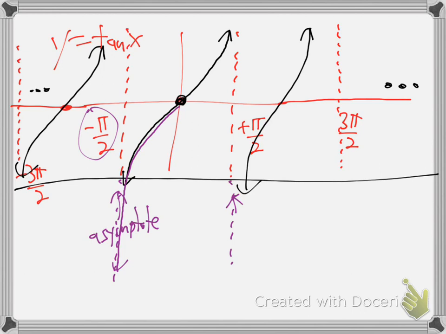And we like to focus on just one cycle for all these graphs and then just repeat. So the main one cycle goes between negative pi over 2 and positive pi over 2. That's one cycle of the tangent graph. And it does a snake in between that. Now, they're going to shift it, though they're not going to go as crazy as they did with sine and cosine, but they're going to do a little bit of shifting, a little bit of twisting.